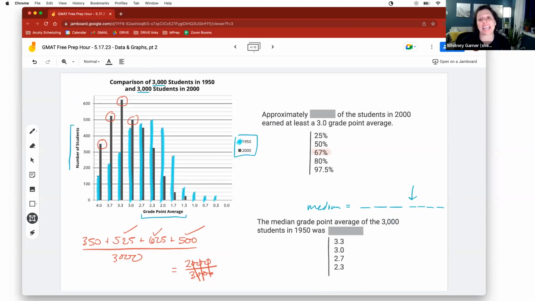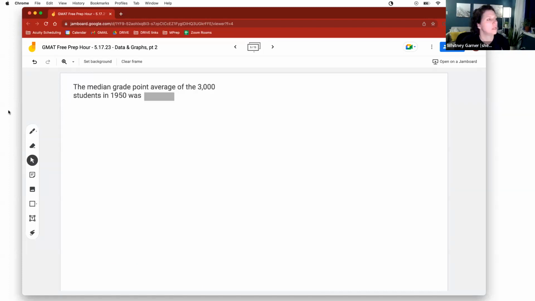We need to take a second because finding the median from a graph is actually something that often stumps folks. So we're going to take our little question without the graph for a second. And median would be, okay, I put all these people in order. So what am I going to order them by? I've got 3,000 people.